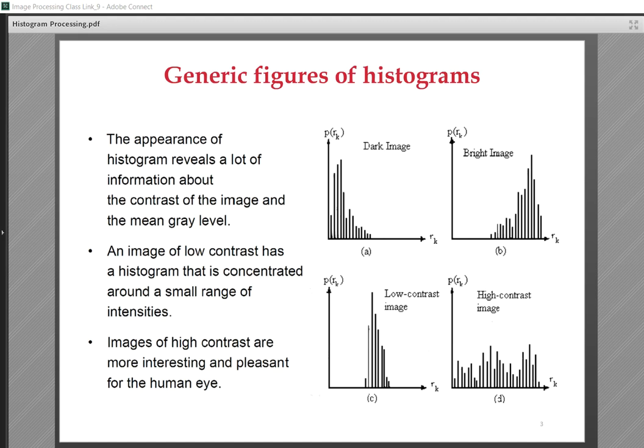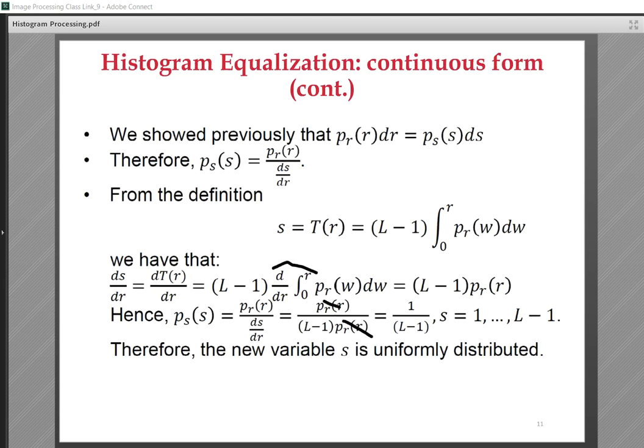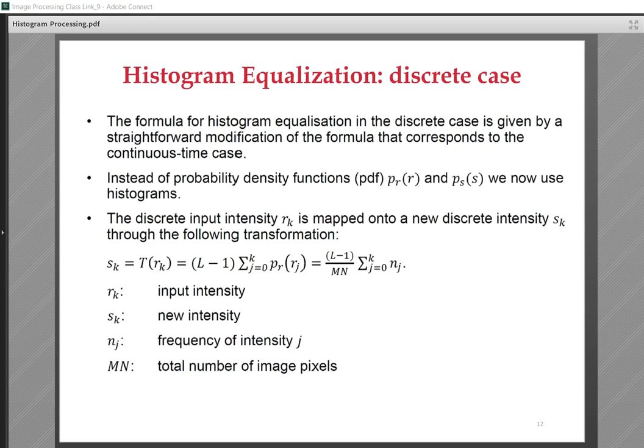Here we see that p_r means n_j over MN. In the second slide, normalized, I go back. We said p_r(r_k) is n_k over M times N, and we used that item here.